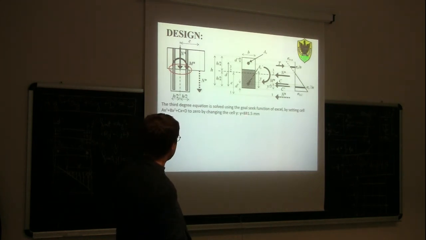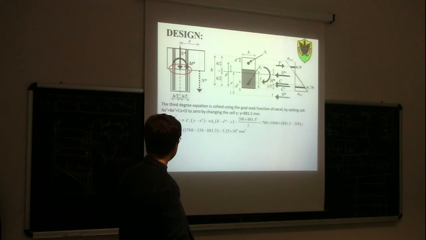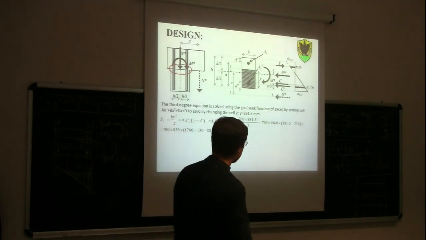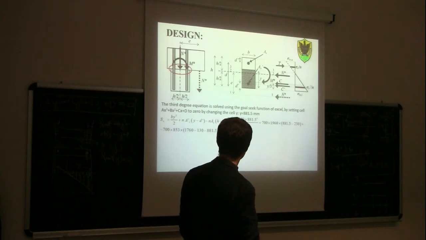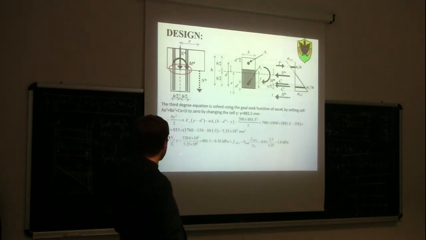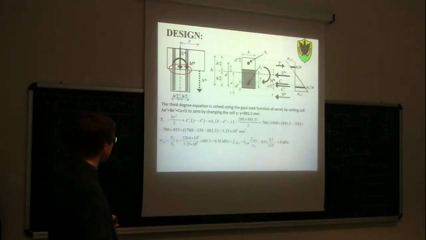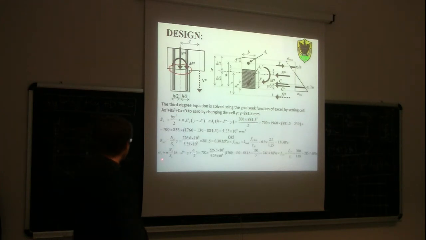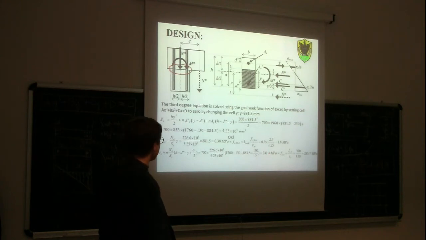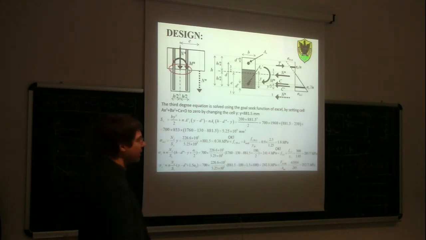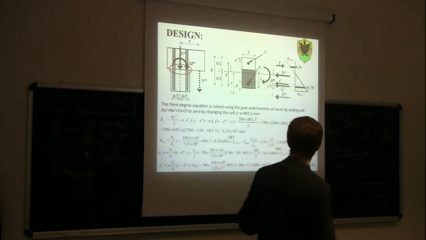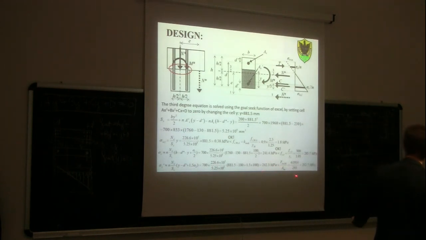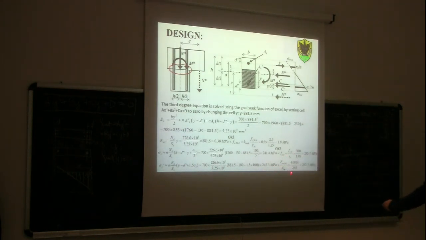We calculate the first moment of area of the transformed section with respect to the neutral axis, and then we can calculate again the stress in the wood, which is even less, this time 0.38, the stress in the tensile rods, which is 241, less than 285, and the stress in the compressed rods, which is 242.3, less than the actual buckling strength, which is 252.